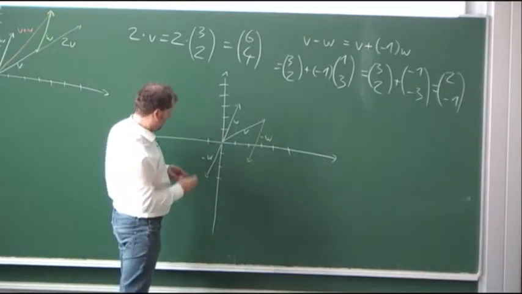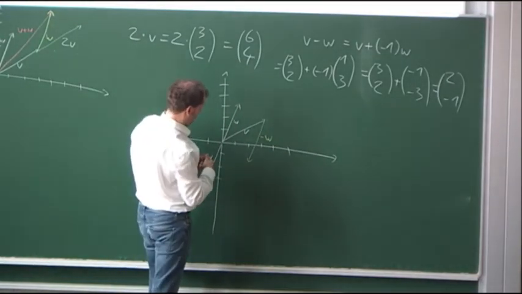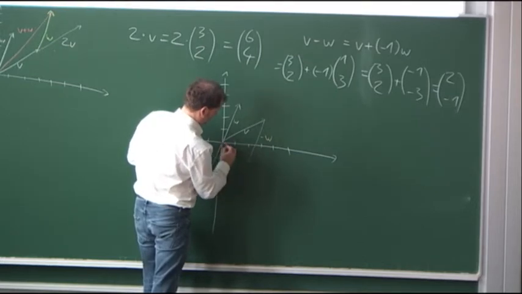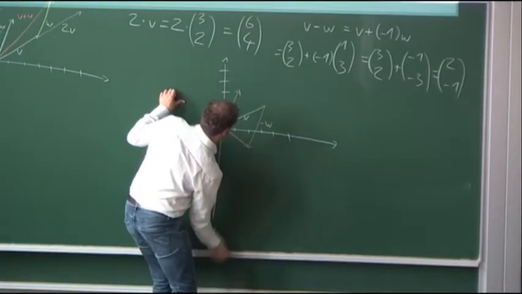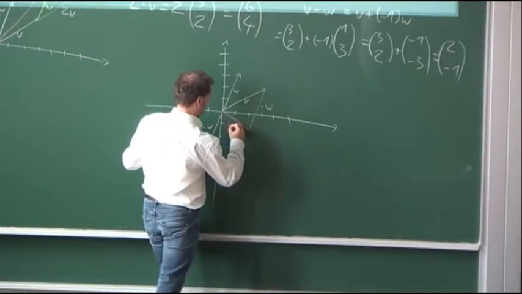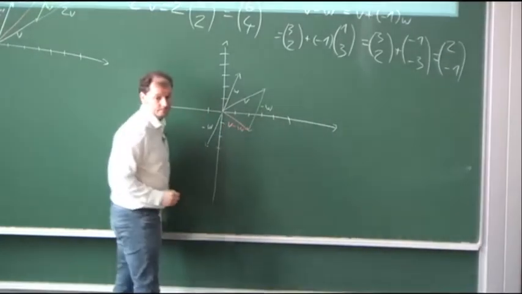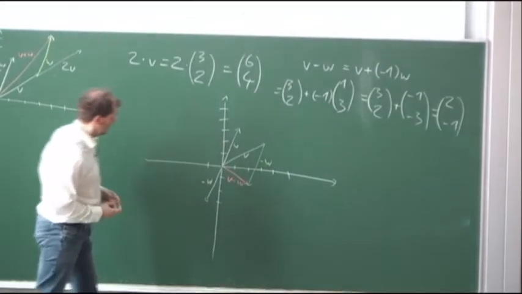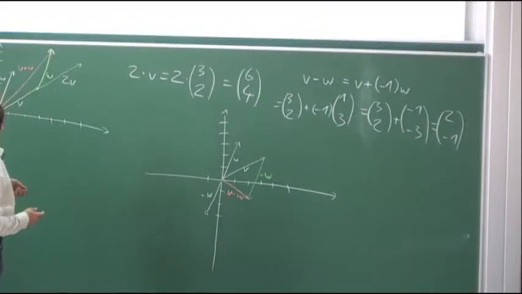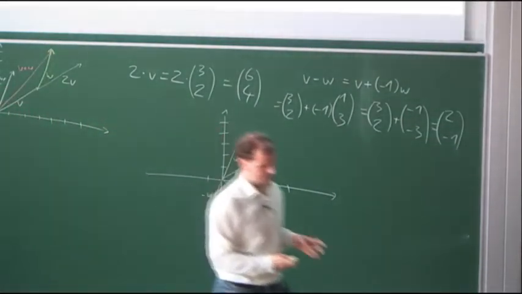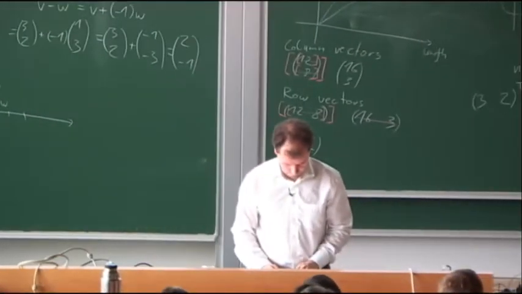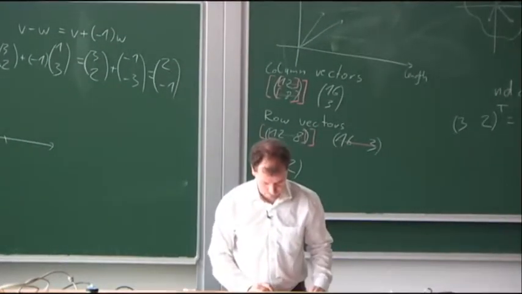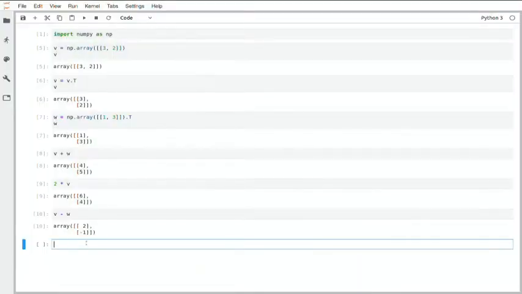And the resulting vector is 2 to the right and 1 down. So this is just V minus W. We can easily do that in Python. And we just say v minus w is the array 2, negative 1.